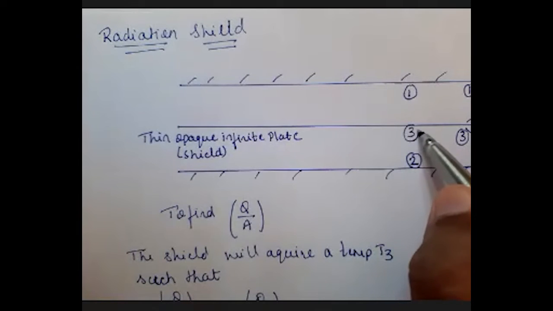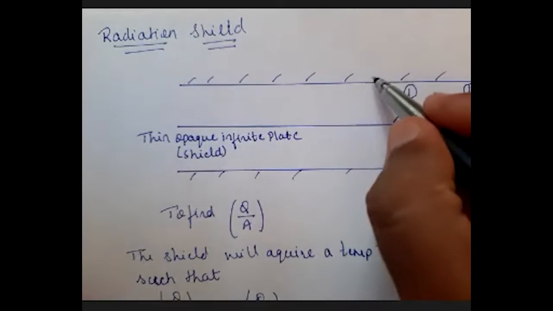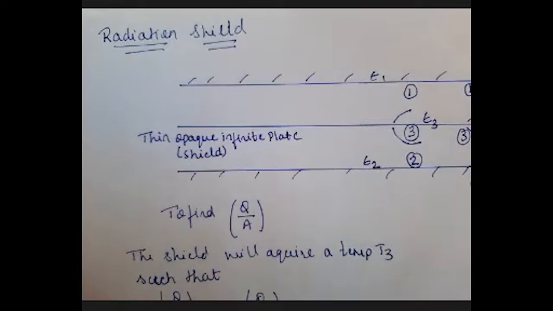surface 3. The emissivity at the top surface and the emissivity at the bottom of this thin plate, we take as emissivity 3. The emissivity of surface 1 is emissivity 1 and surface 2 is emissivity 2.